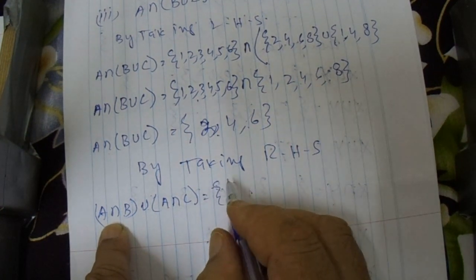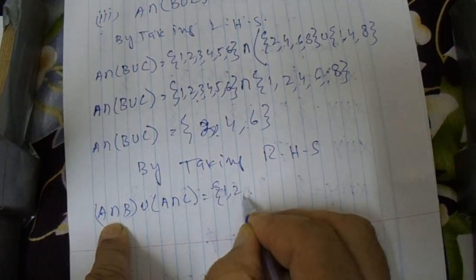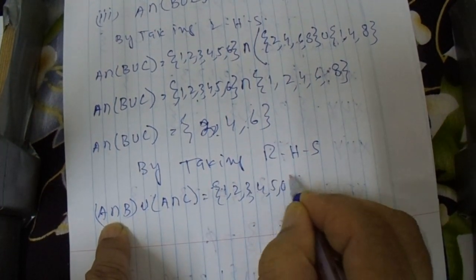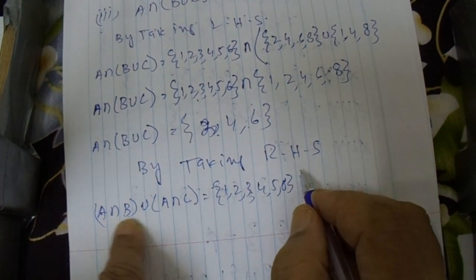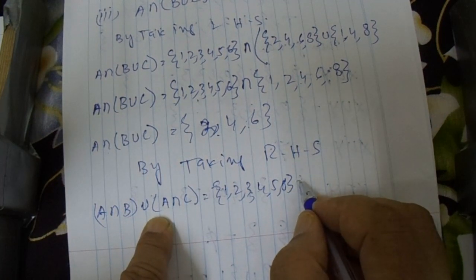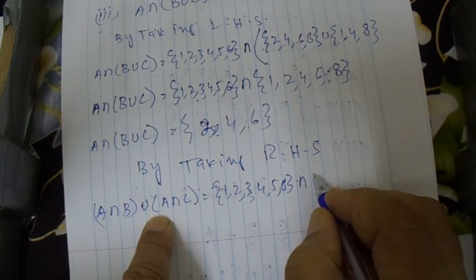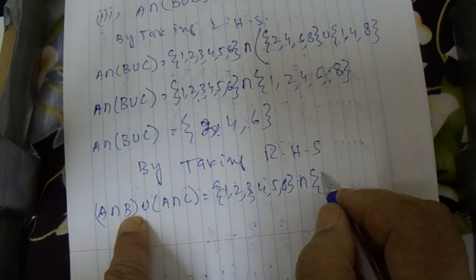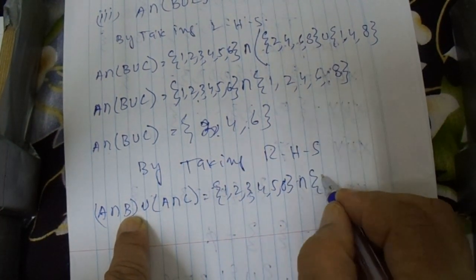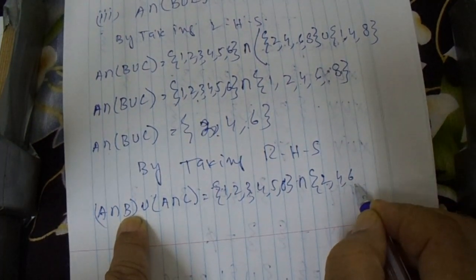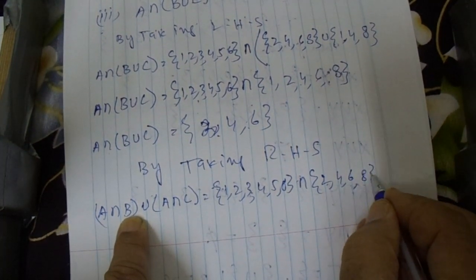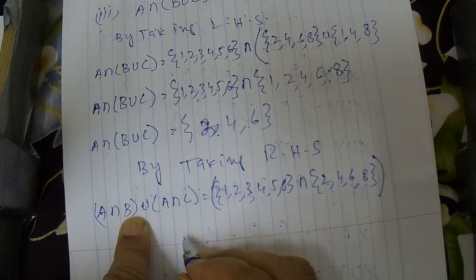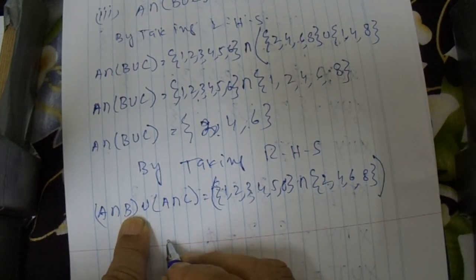A set is 1, 2, 3, 4, 5 and 6, intersection B set, and B set is 2, 4, 6, 8. Now we write the brackets and we write union.